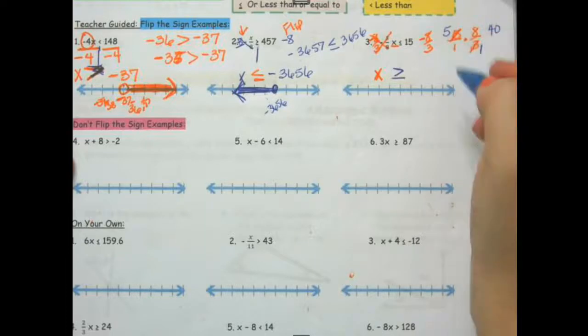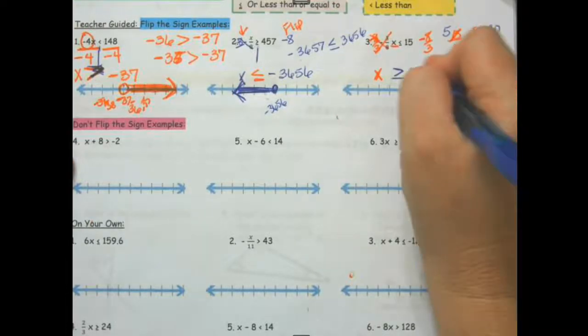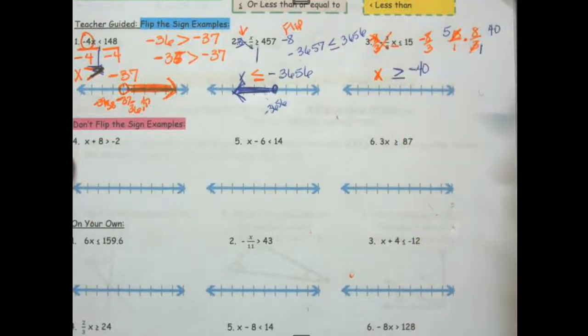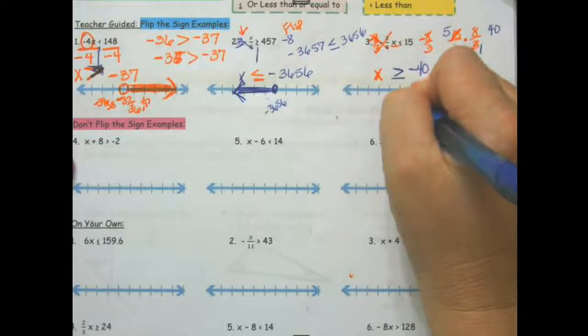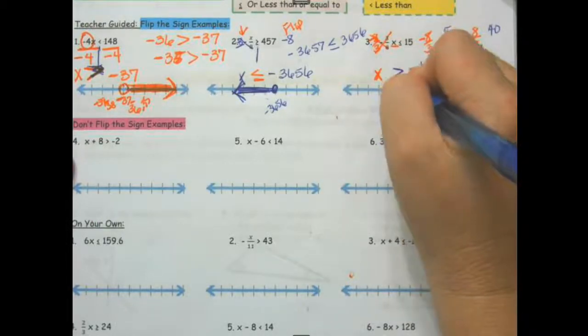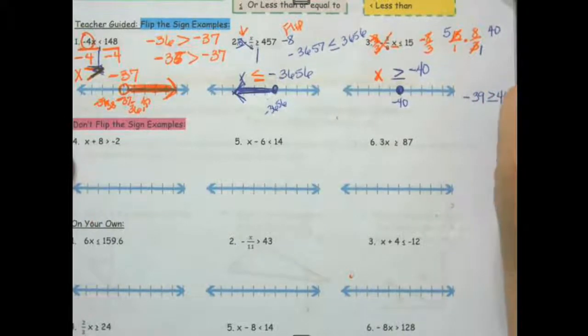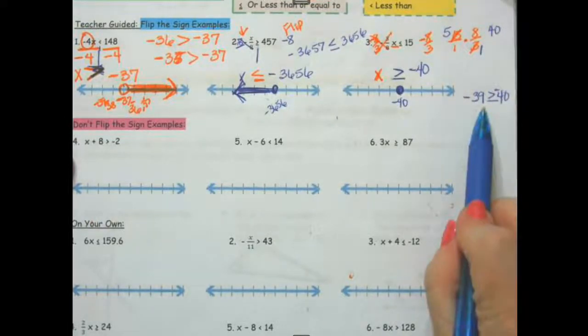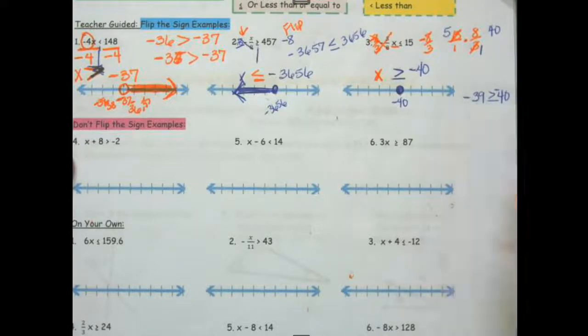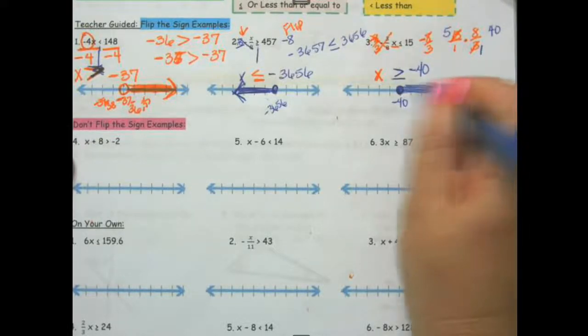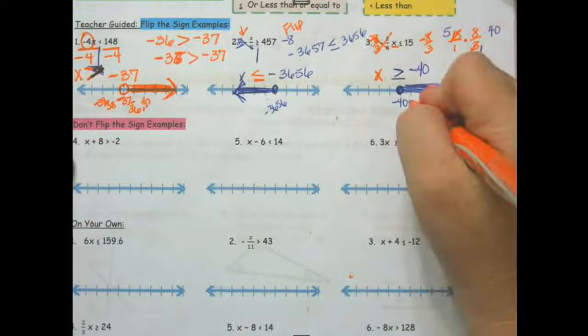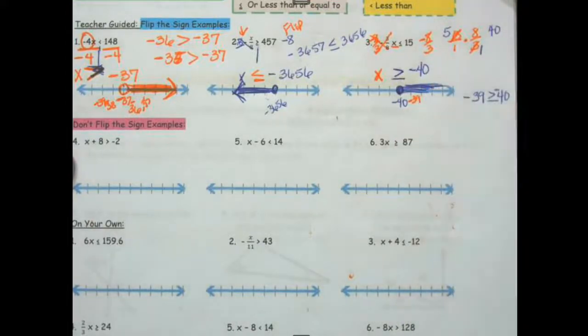So I get negative 40, and it is a closed circle. If I put negative 39 here and negative 40 here, that makes the statement true. So I am going to go this way. Those are the ones where we flip.